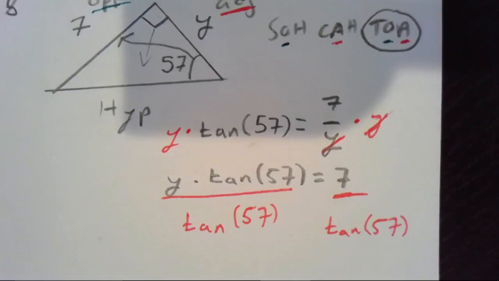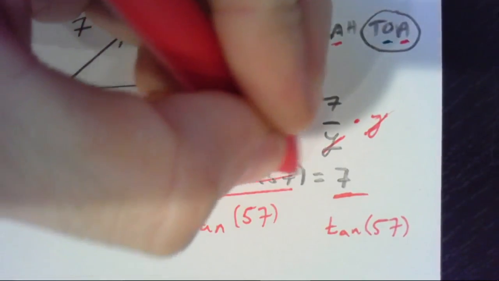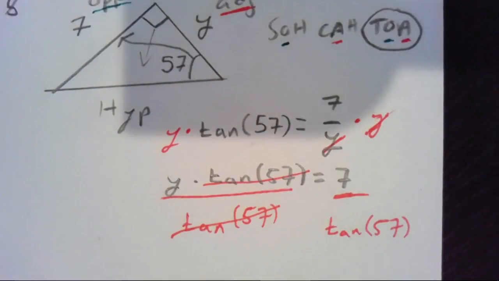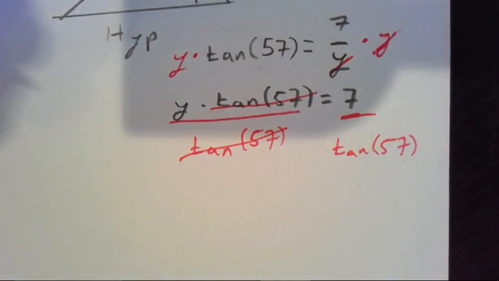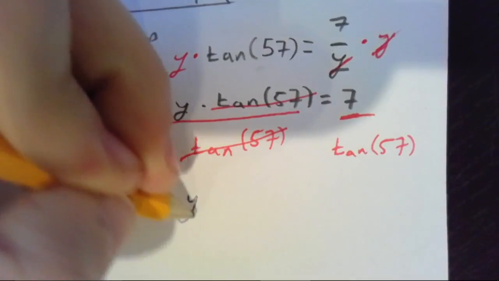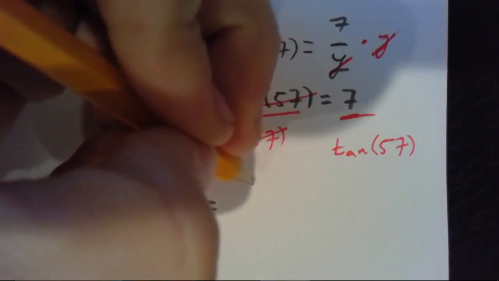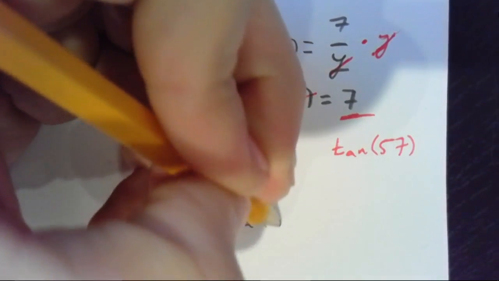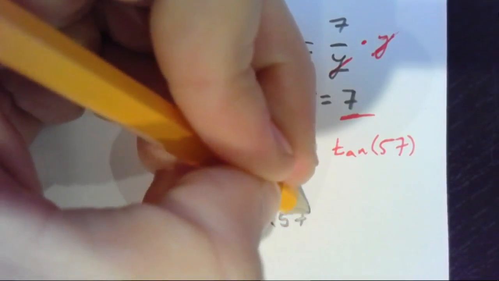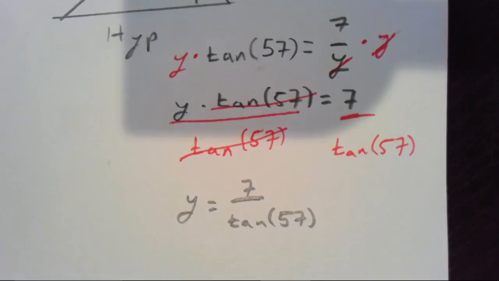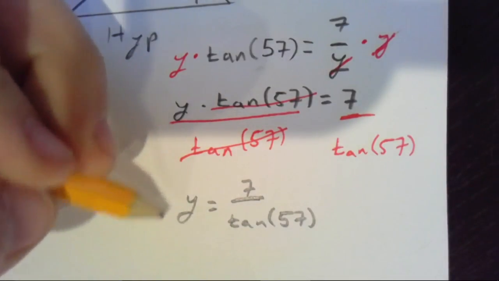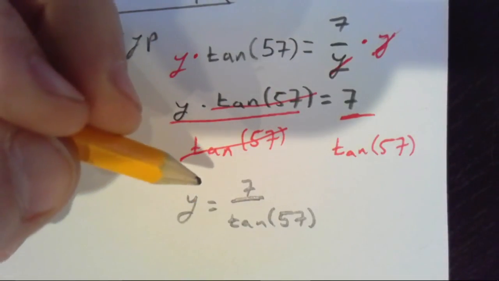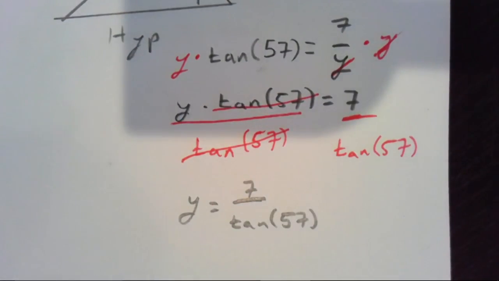The reason I do that is so I can cancel out this tan with that tan, and I'm left over with y is equal to 7 divided by tangent of 57. Once I've got that and I have my variable all by itself, I can just plug this other part into my calculator and I should get my answer as long as I'm in degree mode.